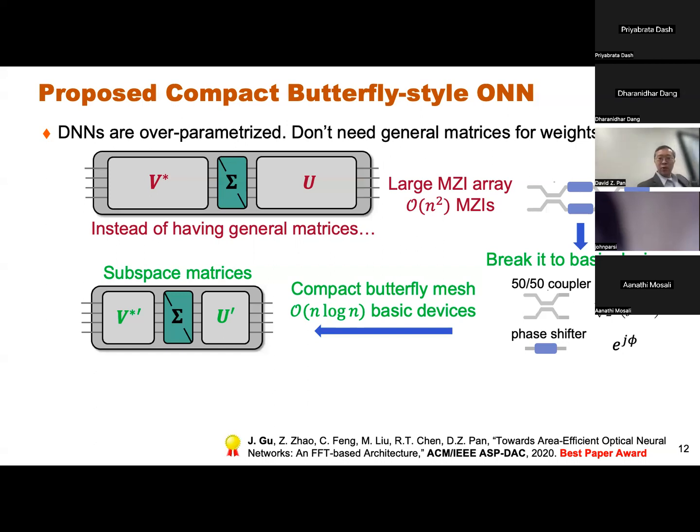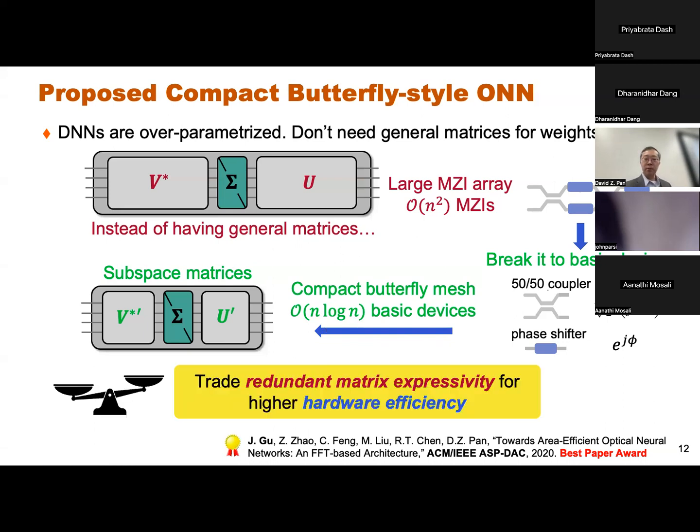Then we found that if you constrain yourself to that kind of matrix, we can actually use a very compact butterfly structure. That means the number of devices, instead of N², is N log N. Okay, so then we can actually deploy it.